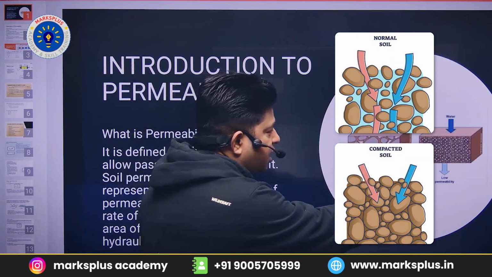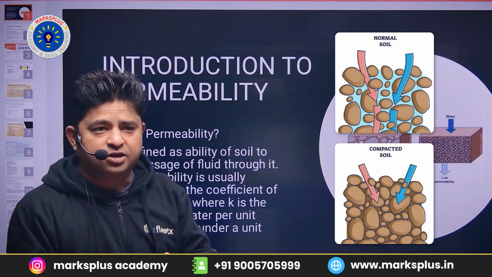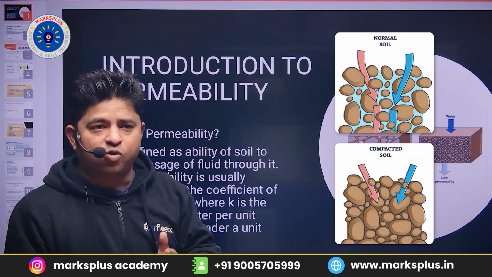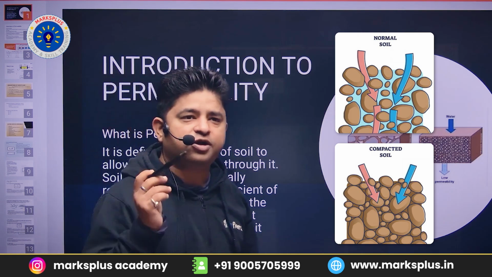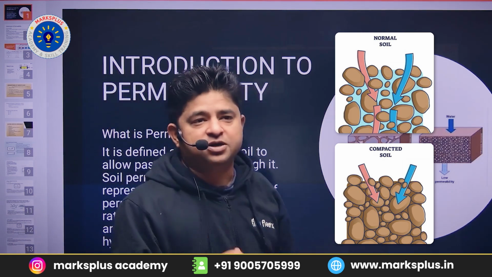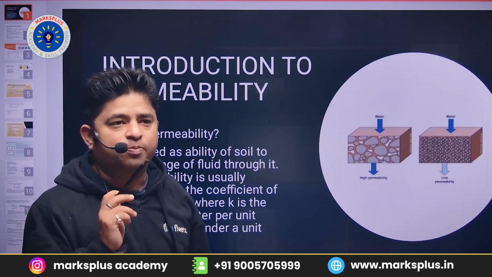When we take another soil mass where the distance between the solid grains is very small, the flow will be lesser, the discharge of the fluid will be lesser. That particular soil will have low permeability and is called a low permeable soil.